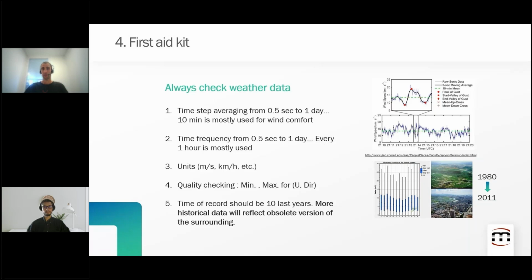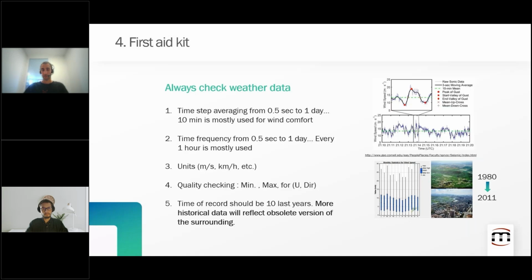This is the common practice in wind engineering, so you have to make sure that this is the case. The third thing is the units. This seems obvious, but you have to make sure. If it uses the SI standard, it should be meters per second.